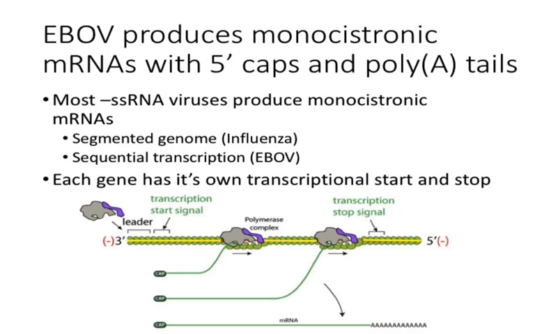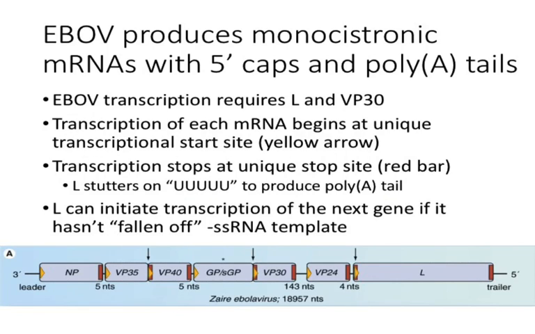So this is monocistronic. There are 7 genes, but there's only one leader sequence. There's only one single promoter in Ebola virus. So the question becomes, how does Ebola produce NP, VP35, VP40, the glycoprotein, VP30, VP24, and L?